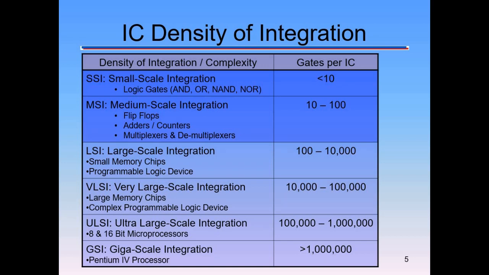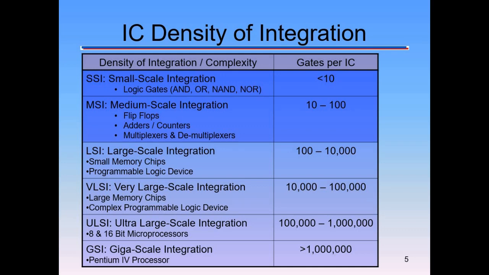Then we can get into LSI, where we start adding memory. Our programmable stuff, some of the boards that we're going to use as we go through. There are FPGA boards that you are going to learn to program later on in the semester. That's where memory starts to come into play.